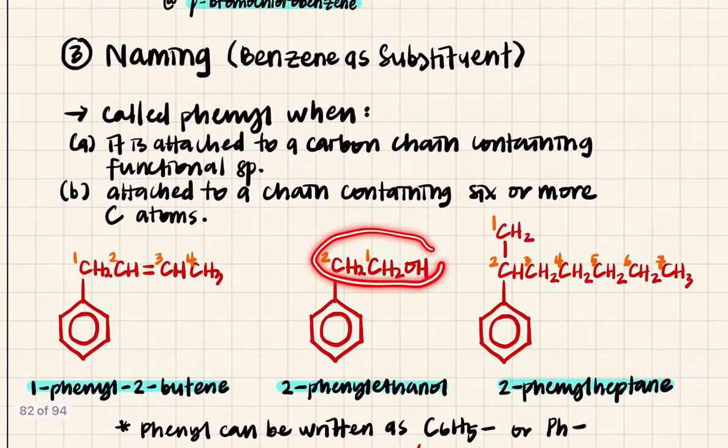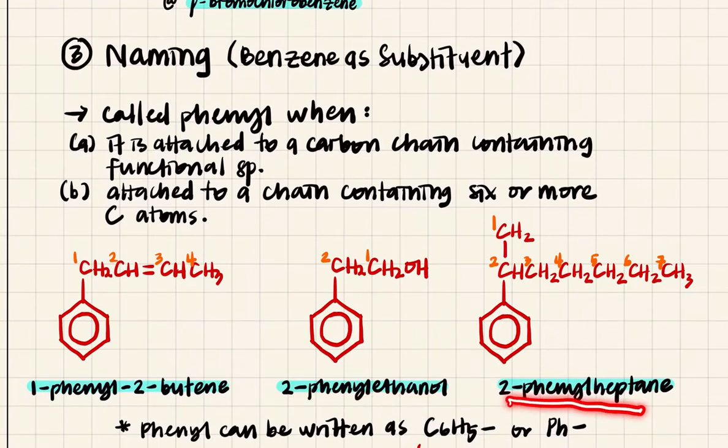Okay, here this one pun sama case. Ini awak punya functional group is alcohol, so ikut ni carbon number 1, carbon number 2, so it is 2-phenylethanol. Okay, here second situation is when your benzene is attached to a chain containing 6 or more carbon atoms.